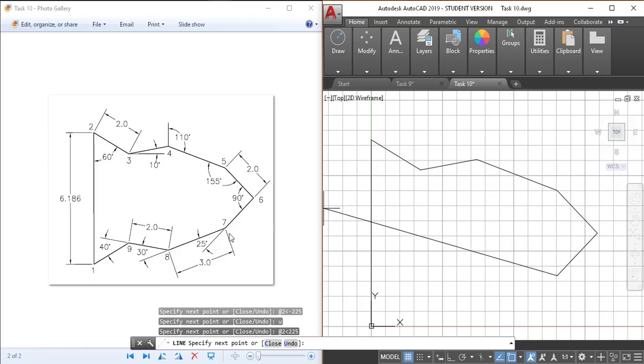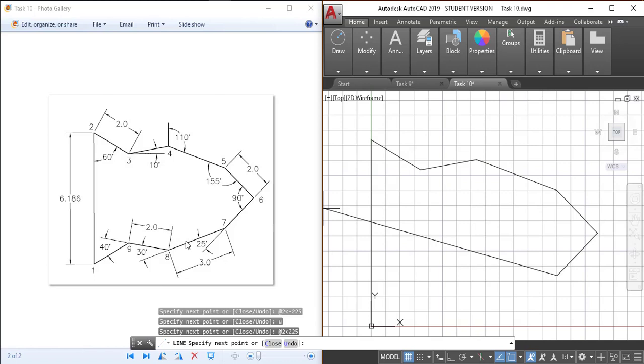For this line, we know that the angle it is making with the positive x-axis is 20 degrees. It means this line is making an angle of 200, because this angle is 20 degrees with respect to the negative x-axis.